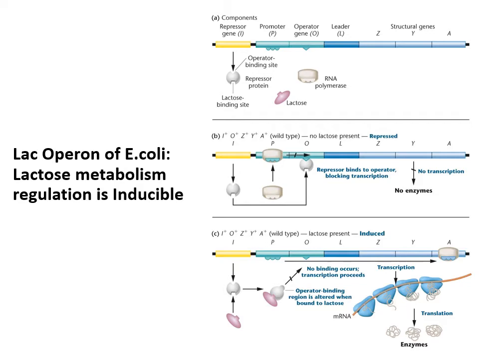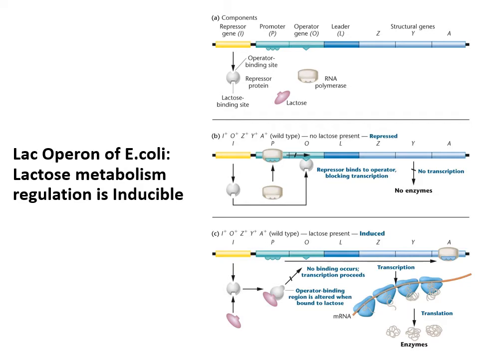If there's no lactose present at that moment, why would you want to waste resources making enzymes to break down lactose when lactose isn't present to be broken down? Whereas if lactose is present, well then you're going to want the enzymes to break it down and use that lactose, right? So that tells you that lactose is an inducer for this operon.